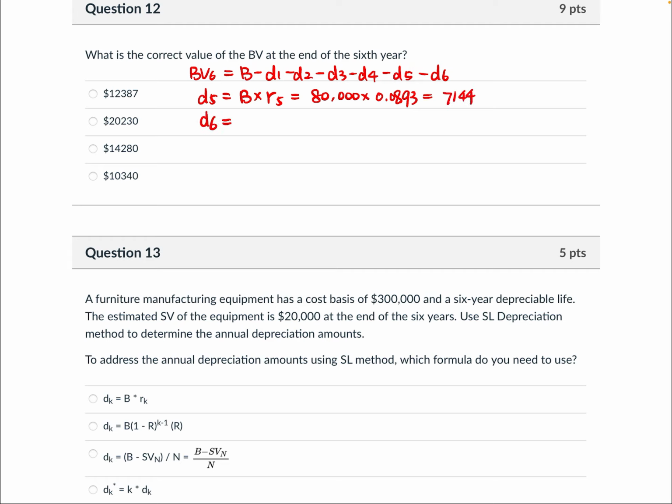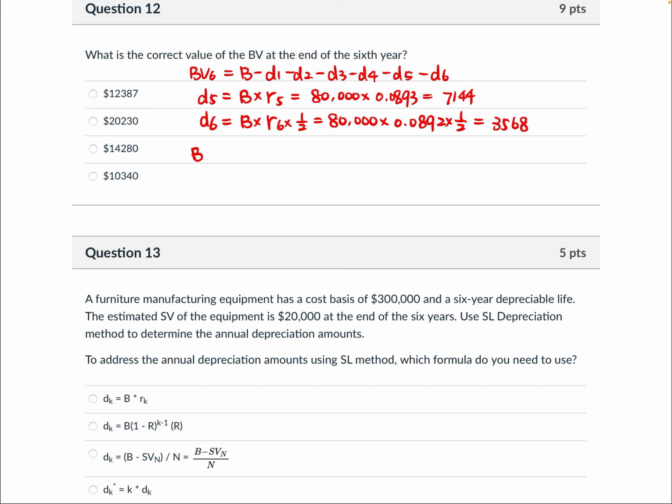And D6, we said you can only charge half of this year's depreciation. So it's R6 times a half. So it's 80,000 times R6. R6 is 0.0892 times a half. So this will give you 3568.